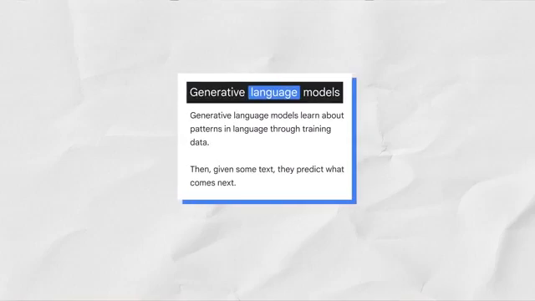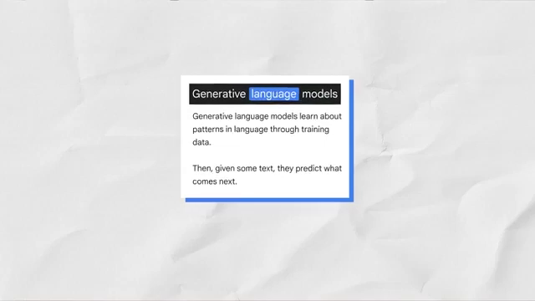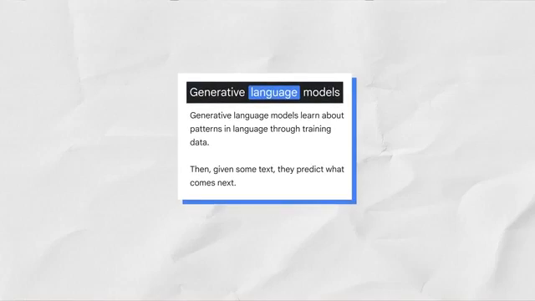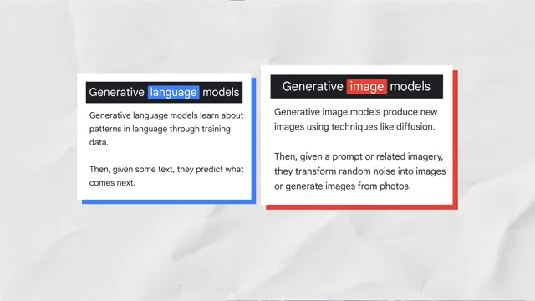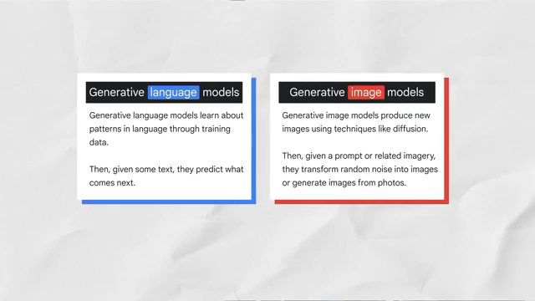Like I mentioned earlier, a generative language model can take what it has learned from the examples it's been shown and create something entirely new based on that information. That's why we use the word generative. But large language models, which generate novel combinations of text in the form of natural sounding language, are only one type of generative AI. A generative image model takes an image as input and can output text, another image, or video.